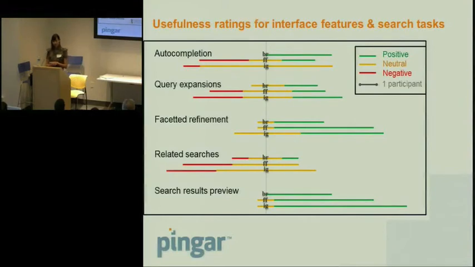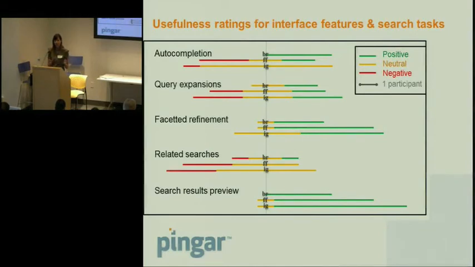Regarding query expansion, somewhat more positive responses on browsing, but very mixed opinions for the other search tasks. Whereas faceted refinement has been rated highly for all the tasks equally. Related searches, on the other hand, was negatively ranked, and this participant commented on this.